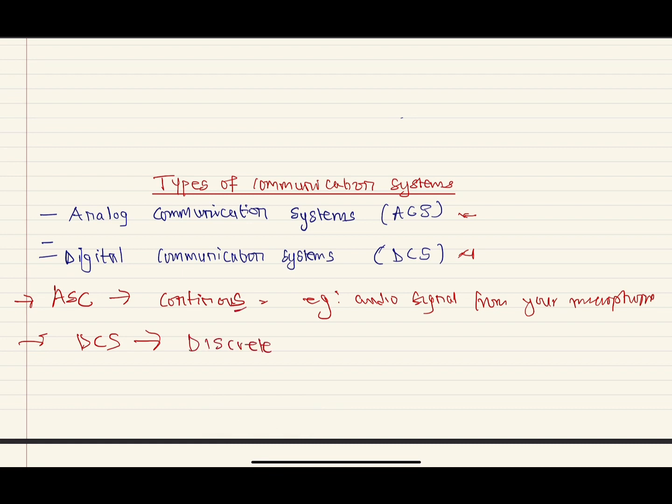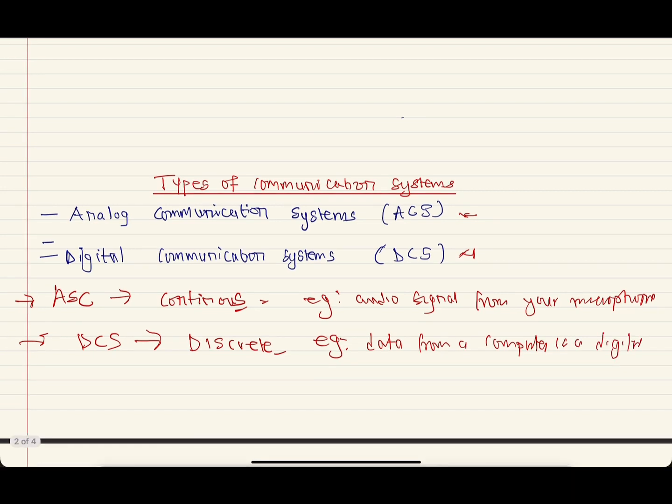If this one is continuous, then this one is discrete. So for example, the data from a computer is a digital signal.